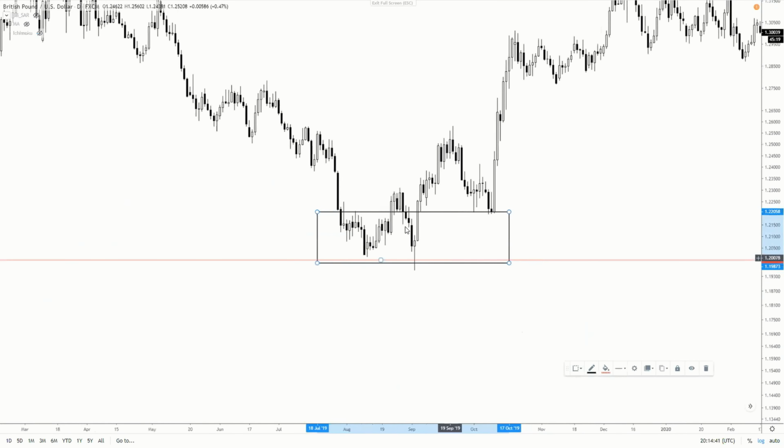You can see what happened after that, and we can see the other level forming on top, showing you that this is still just a pullback, and then the market continued rallying. You can see the market continue pushing up for many days.